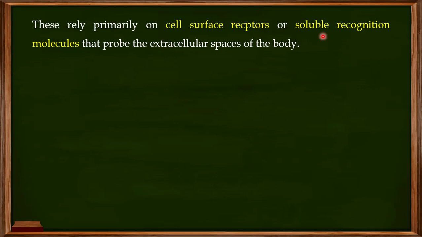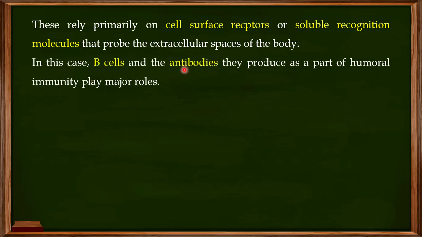These soluble recognition molecules in particular probe the extracellular spaces of the body for these extracellular pathogenic organisms. When you talk about the cells, you're talking about the cell surface receptors present on the B cells, and these receptors are going to recognize the extracellular pathogens.